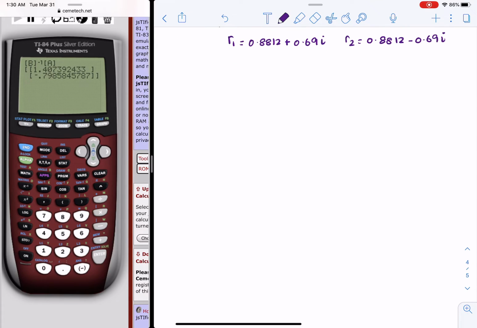We have to find the inverses of these two roots, so 1 over R1 is 1 over 0.8812 plus i times 0.69. We have to rewrite it in terms of a complex number, so I'm going to multiply and divide by the conjugate.